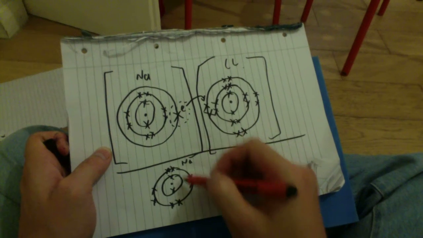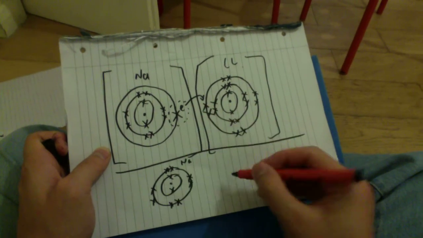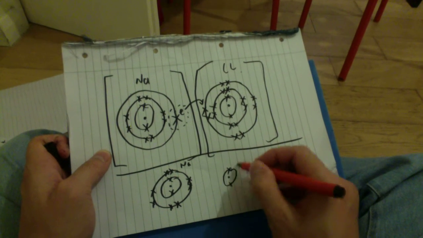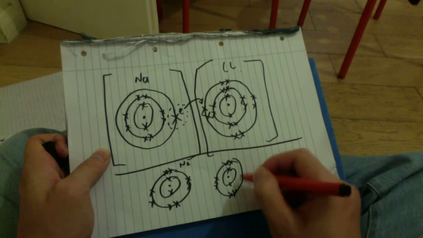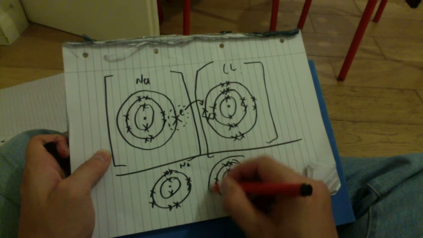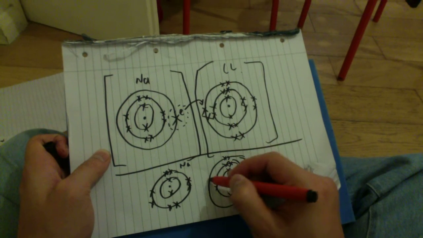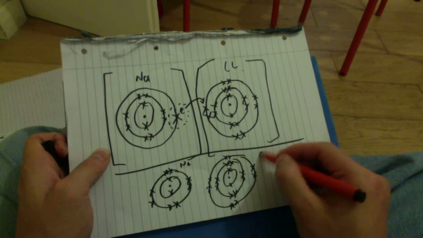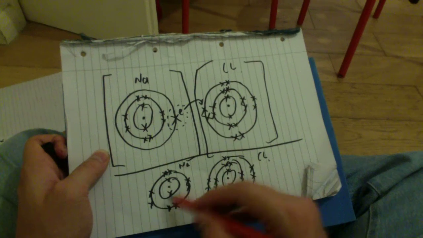See, sodium only has 2 shells now instead of 3, because it's got rid of the electron. And now the chlorine, because it's gained the electron, has its shell full. Okay? So now you can see all their shells are full.